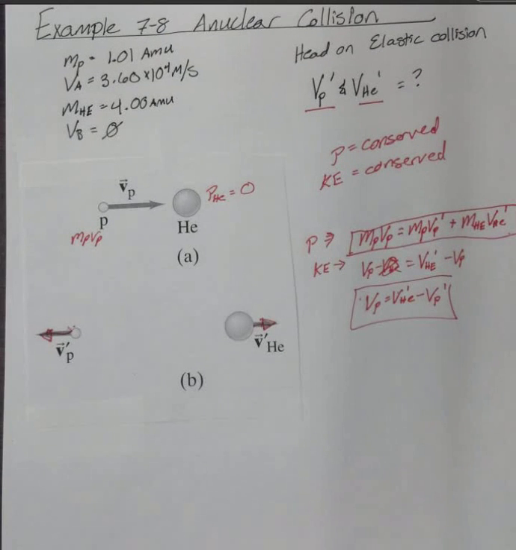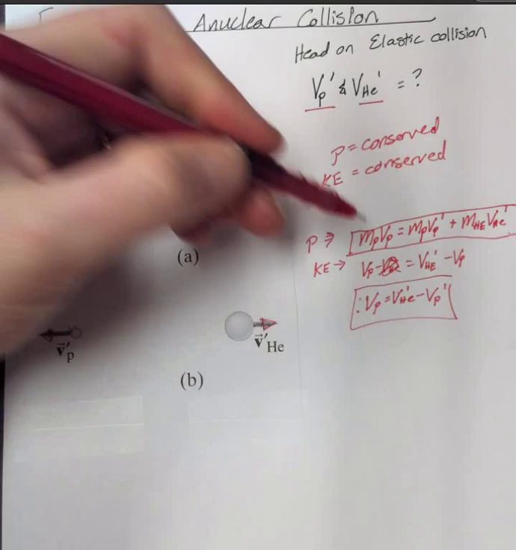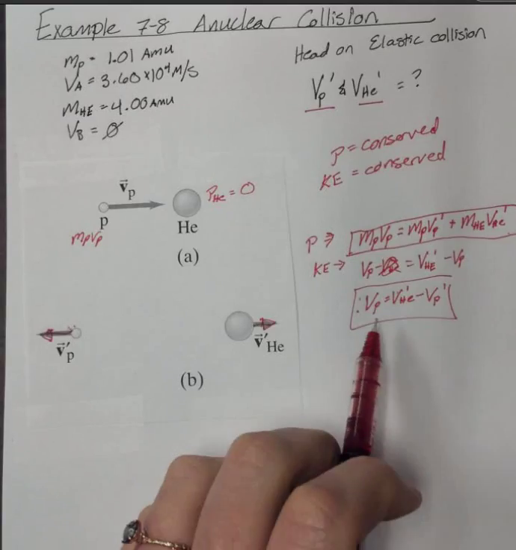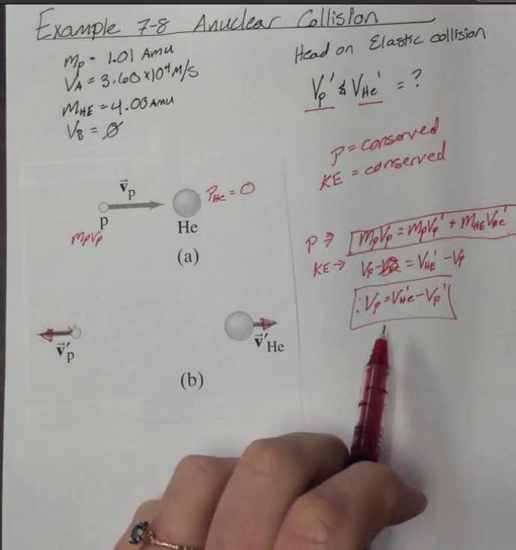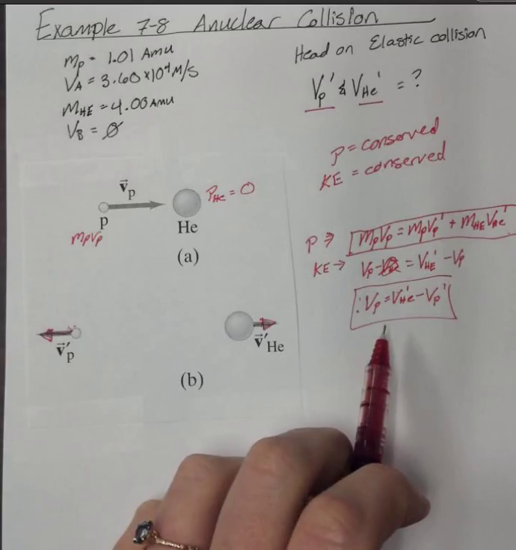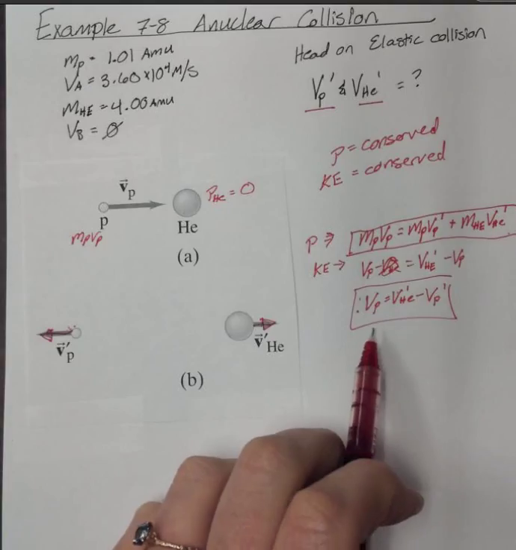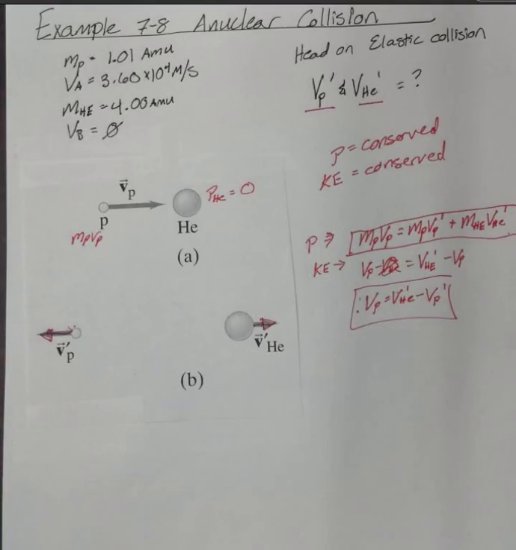So we can substitute this into our momentum equation. We can do that by replacing the velocity of the proton after the collision with this equation.